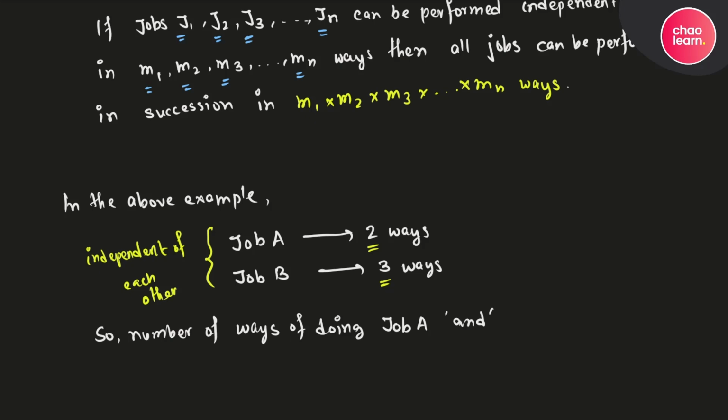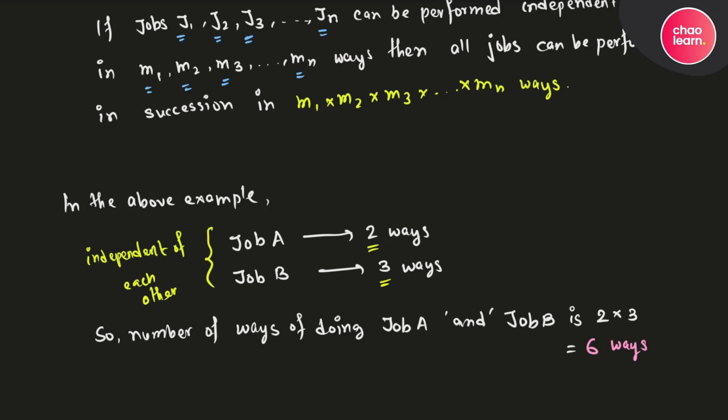We have to do both the jobs to reach the market. So by the fundamental principle of multiplication, it's the product of the number of ways of doing the jobs independently. So it's 2 multiplied by 3, which equals 6 ways.